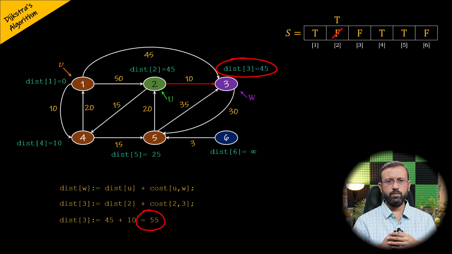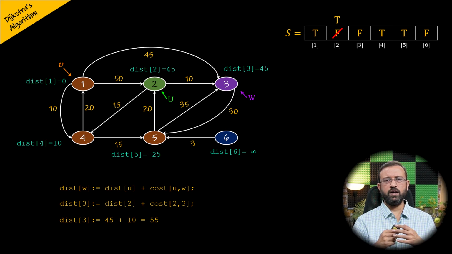So we do not update the distance of vertex 3 since the previous distance of 45 is smaller than the new distance of 55, and node relaxation is not done for vertex 3. Then we have vertex 4 adjacent to vertex 2, but vertex 4 is in set S since S of 4 is true. Therefore, we do not consider vertex 4. Now there are no other vertices adjacent to vertex 2. So we move to the next step.